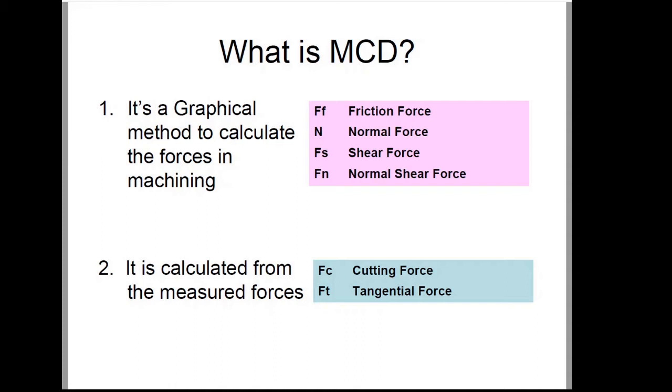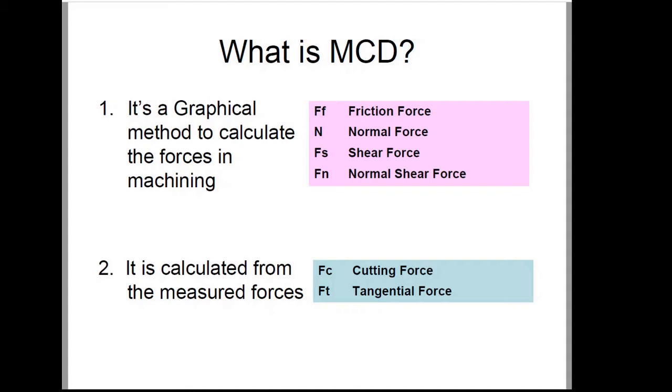The non-measurable forces, frictional force, normal force, shear force and normal to the shear force can be calculated using the merchant circle diagram, provided you know the magnitude of the measurable forces, cutting force and thrust force or tangential force. Merchant circle diagram is a circle in which all the measurable forces and the non-measurable forces are marked.